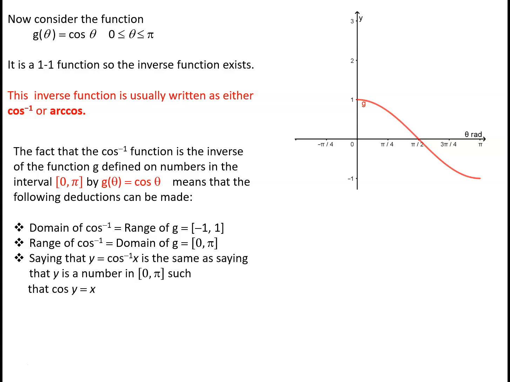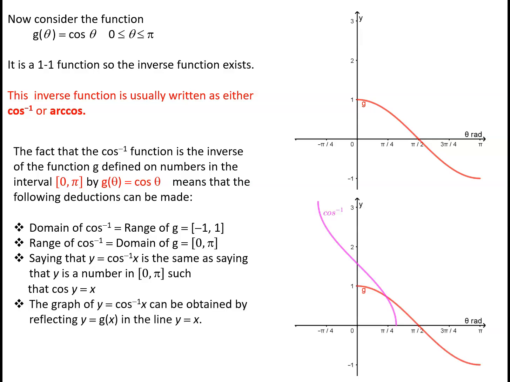That's saying that y equals the inverse cos of x is the same as saying that y is a number in the interval of 0 to pi such that cos y is equal to x, and that the graph of y equals cos to the minus 1 of x can be obtained by reflecting the graph of y equals g of x in the line y equals x.